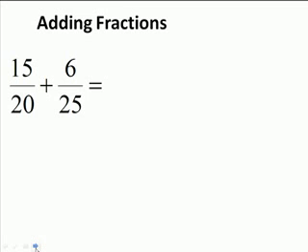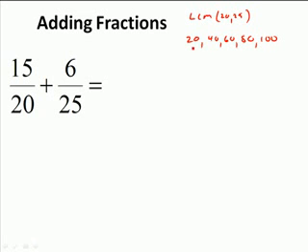Alright, here's an example of where, once again, you wouldn't want to multiply. So we can find the LCM of 20 and 25. Well, that's 20, 40, 60, 80, 100, and I can stop there because I know that one of the multiples of 25 is 100.